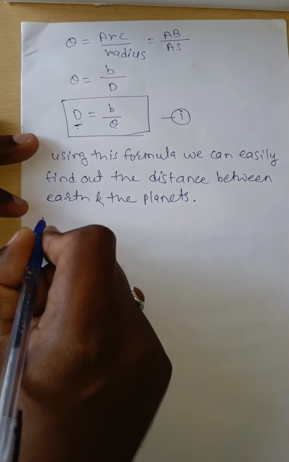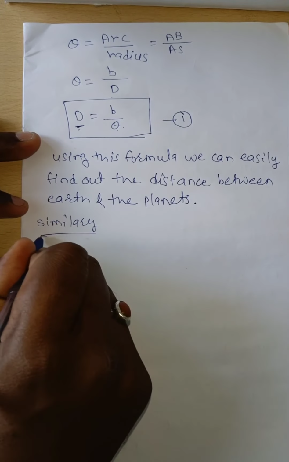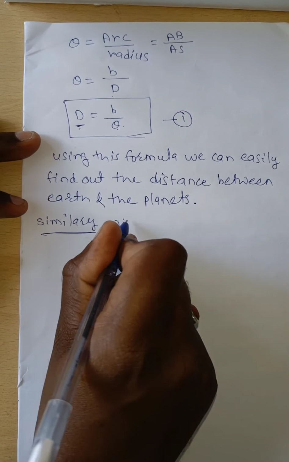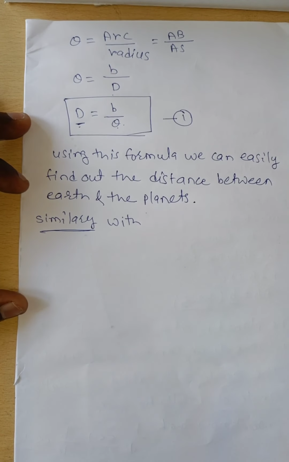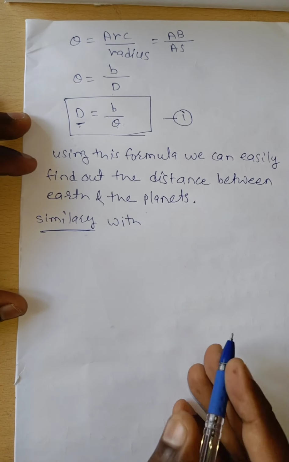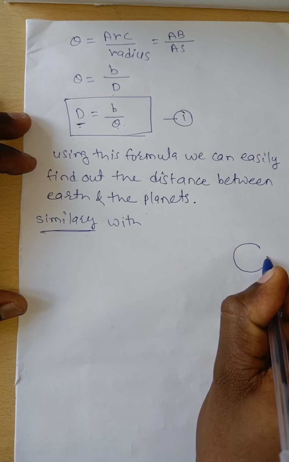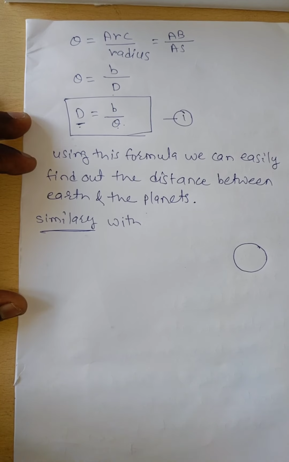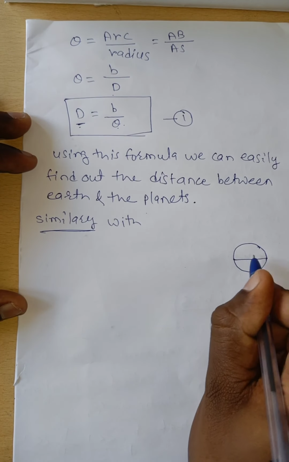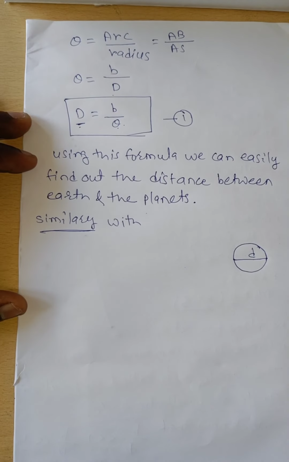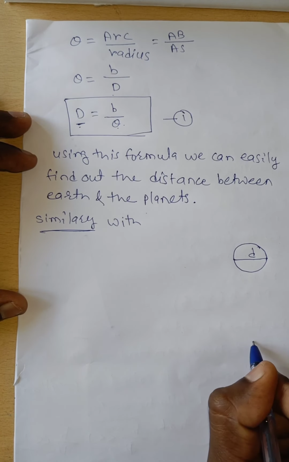Similarly, with the help of this parallax method we can determine the diameter or size of the planet. Now consider a planet having a diameter D, and this is the earth.